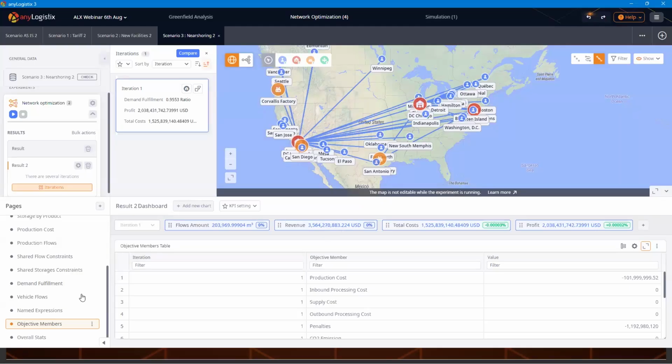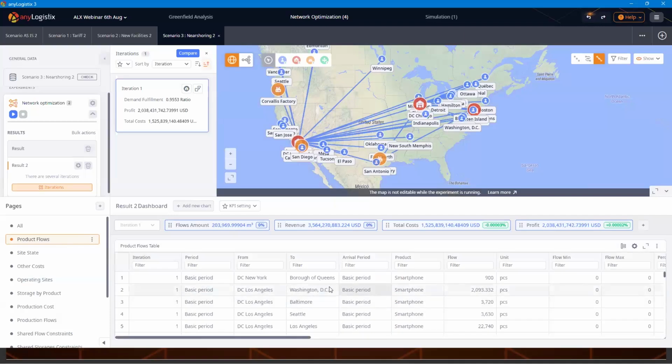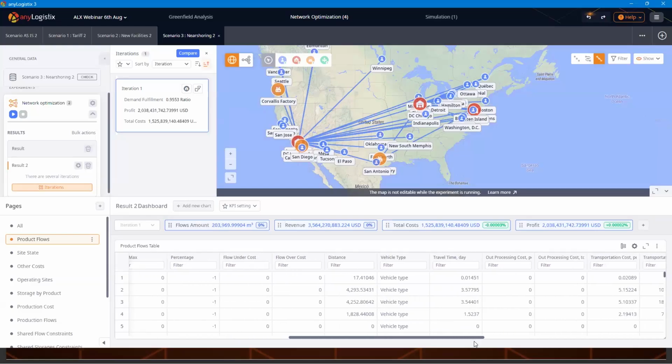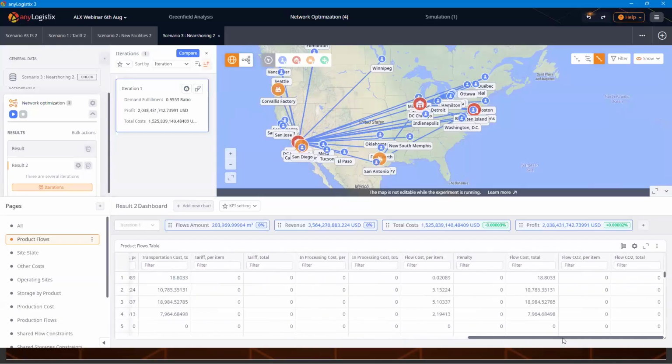The output from the software, like the product flow table, gives us information on how much product flows from which location to which location, what the transportation cost is, and the different travel times. We don't have any processing cost included in it, but you will see the transportation cost and the tariff for each leg.